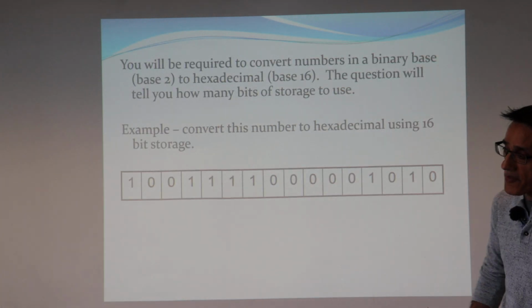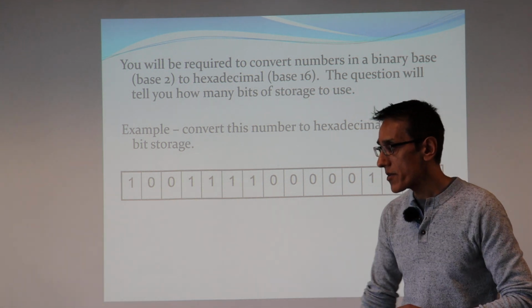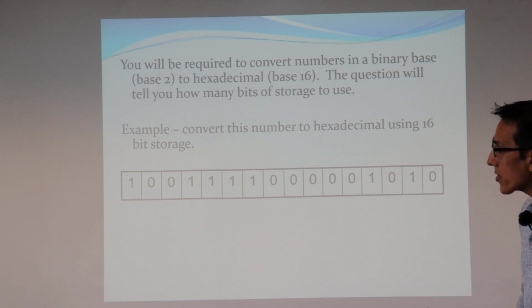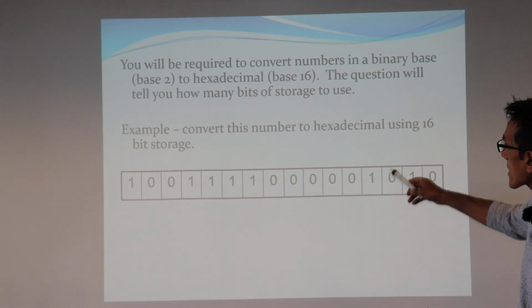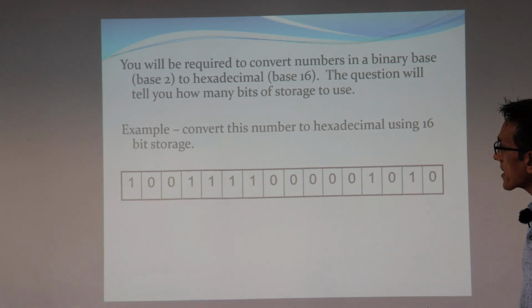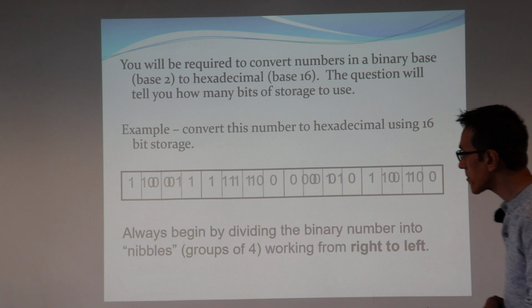You may be asked to convert numbers in base 2 to hex. Let me show you how we can convert long binary numbers to hexadecimal and how easy it is to do this. So here's a large binary number. The first step we do is use our concept of a nibble, which is 4 bits.